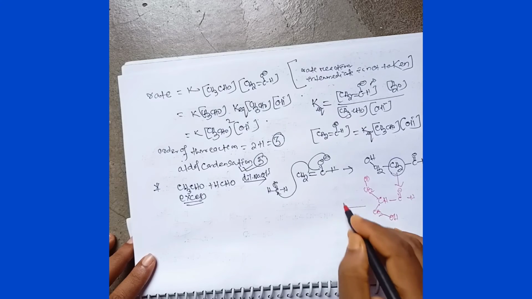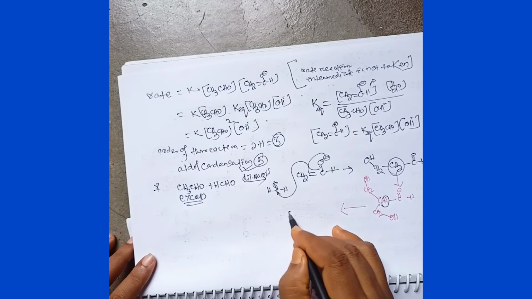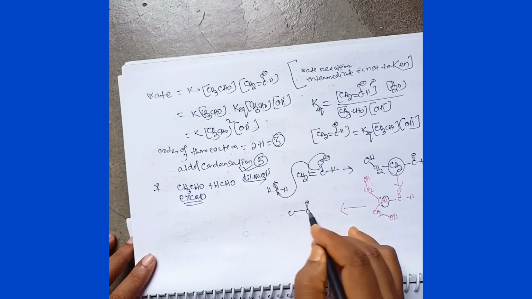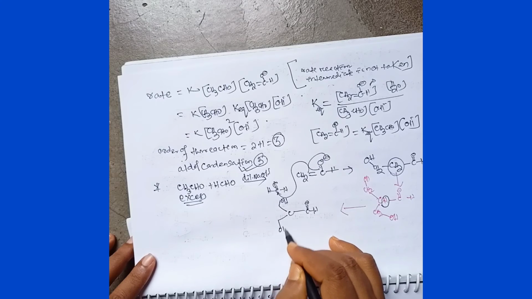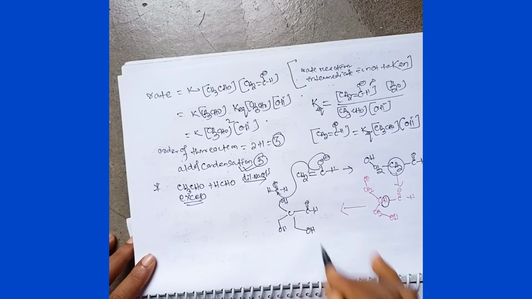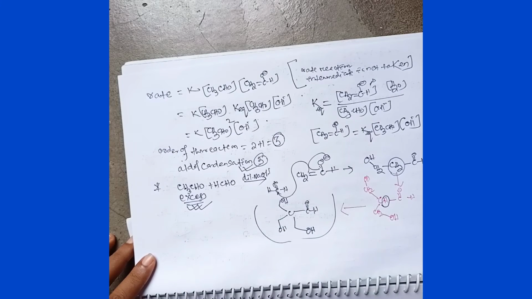Now we see there is the possibility of one more abstraction of alpha hydrogen, so the structure will be C COH with CH2OH, CH2OH, CH2OH. Why? Because we are taking formaldehyde in excess. That's why such a peculiar product is formed.